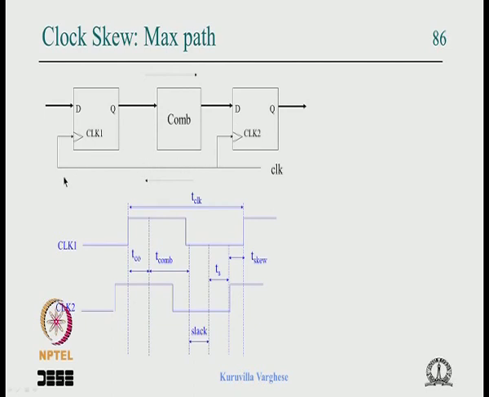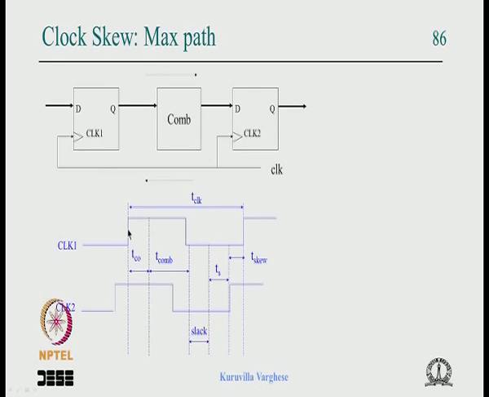So the analysis is from this clock to the next clock, wherein TCQ plus TCOM plus T setup should be less than the clock period. But you see here clock 1 is here and clock 2 is here. Clock 2 comes early by an amount skew, and skew is the delay in this wire.